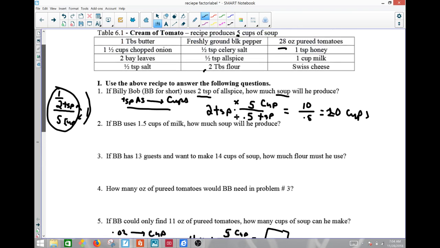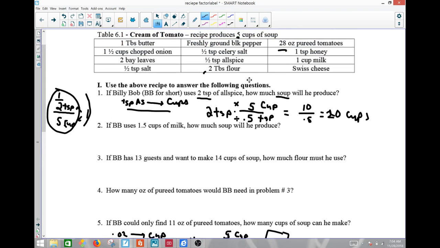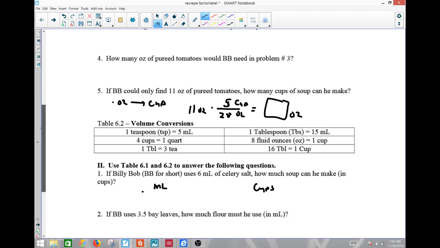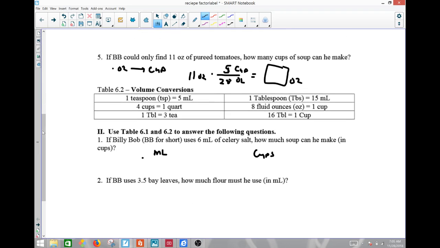It says here that a half a teaspoon of celery salt gives me my 5 cups of soup. All right, so I got that. That's one equivalency. So I'll put over here 0.5 teaspoons is equivalent to 5 cups of soup.